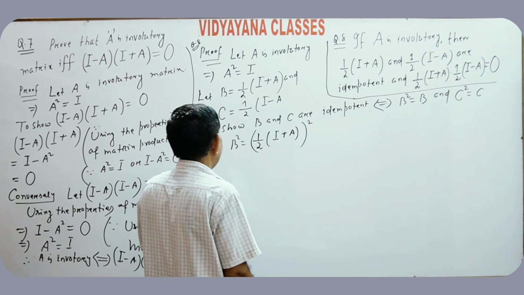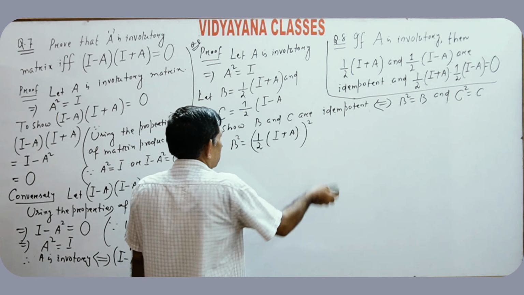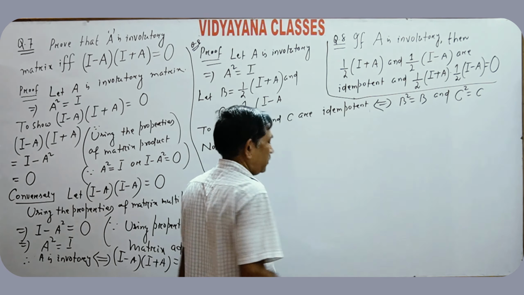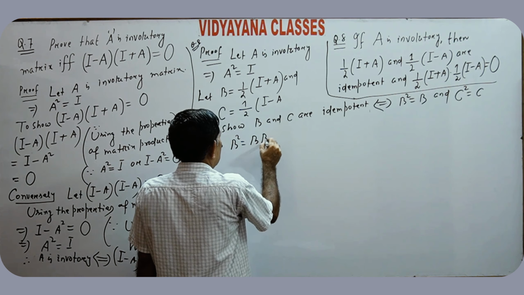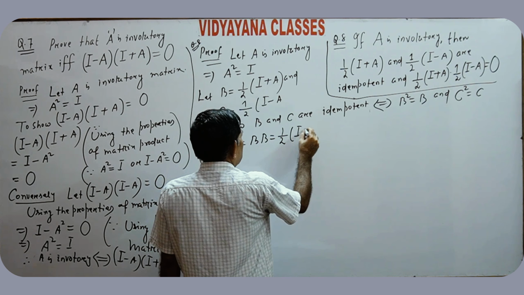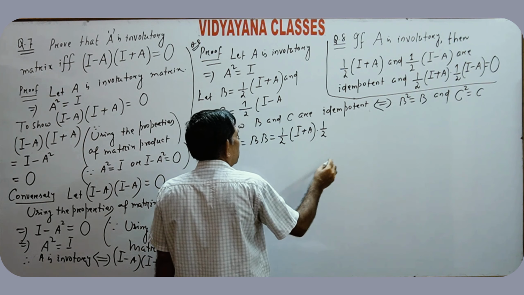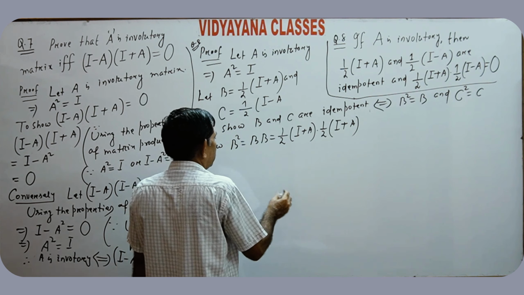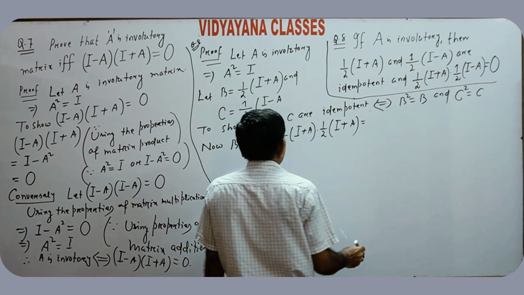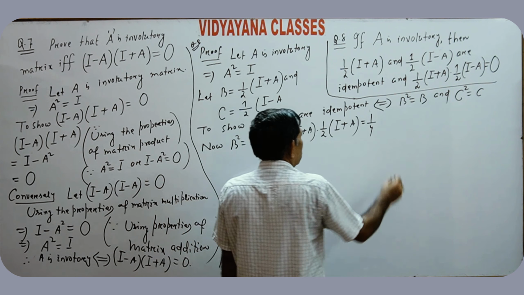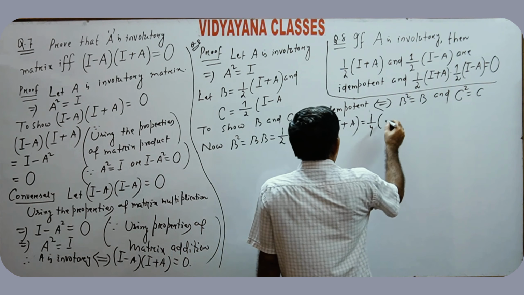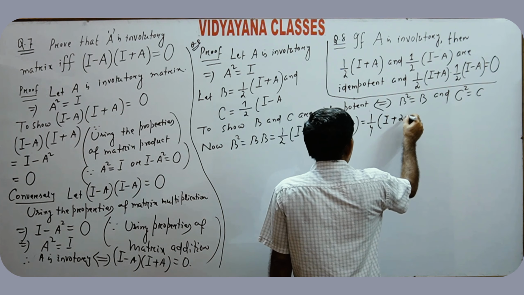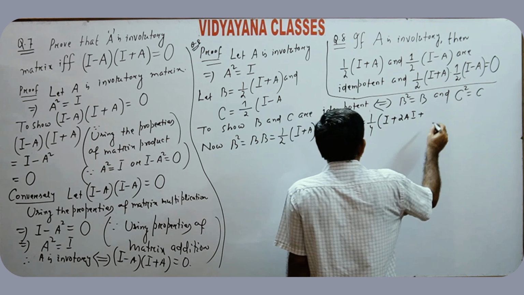That means B into B. B square means B into B, which is equal to half of (I plus A) into half of (I plus A), which is the same as 1 by 4 into I square plus 2AI plus A square.